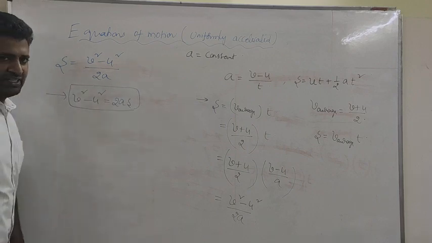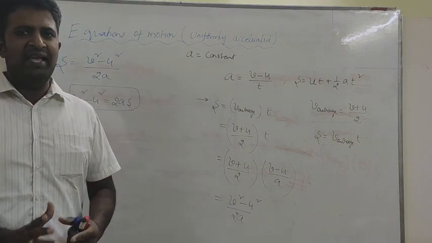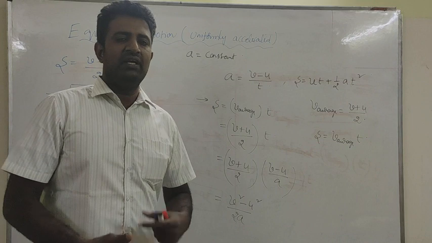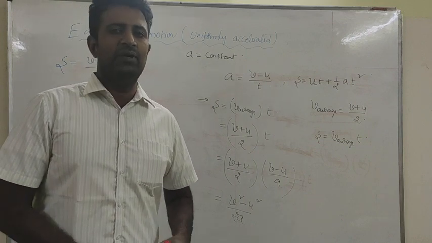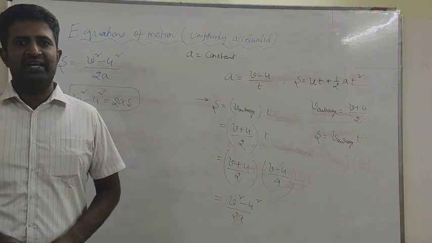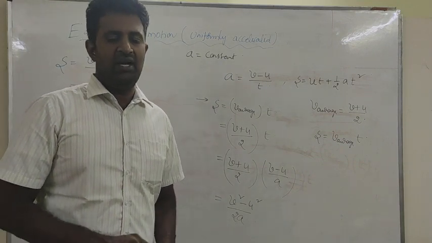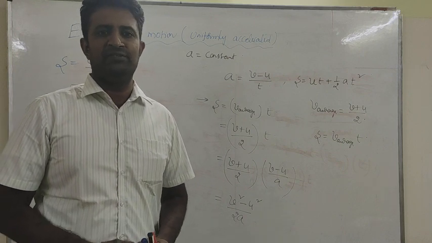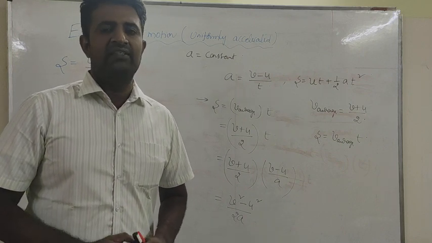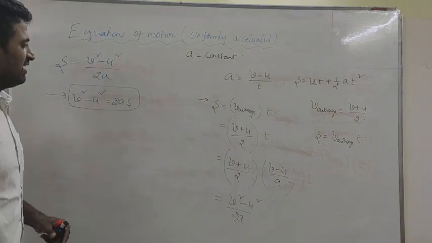It is one more equation of motion which is also very important for us. So the three main equations of motion are v equal to u plus at, s equal to ut plus half at square, v square minus u square equal to 2as. Understanding each and every term in those equations and understanding how to apply those equations to a physical situation is very important while solving problems in physics.